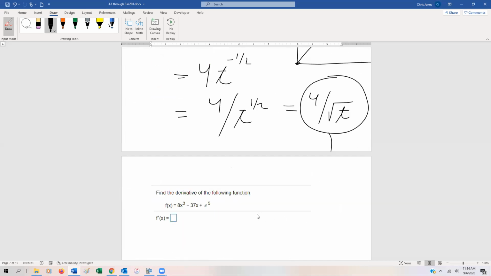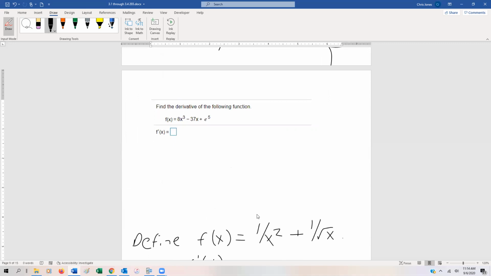So when we take the derivative, f prime of x is going to be equal to 8 times 3 times x to the 3 minus 1, minus 37. Remember, we're just doing these term by term. And then finally, e to the fifth is a constant.